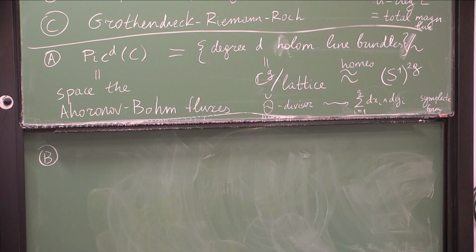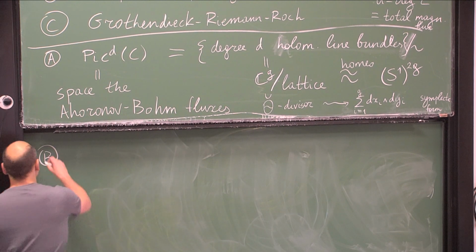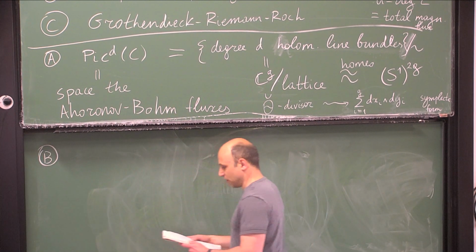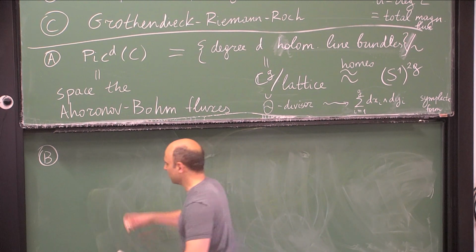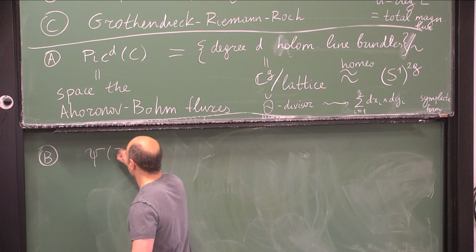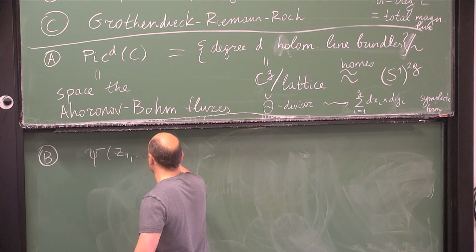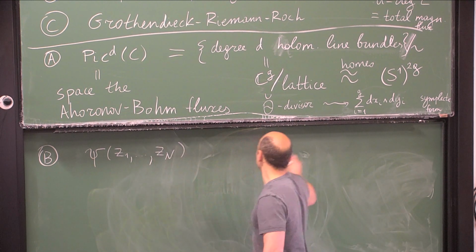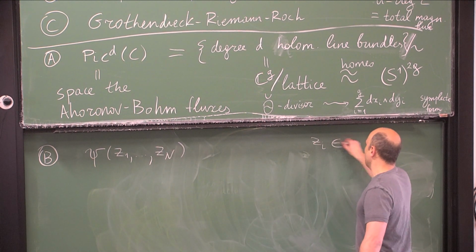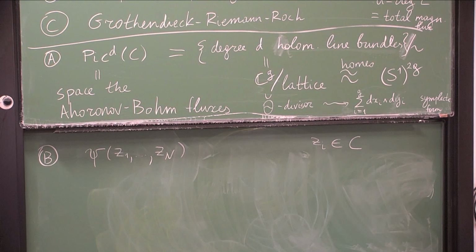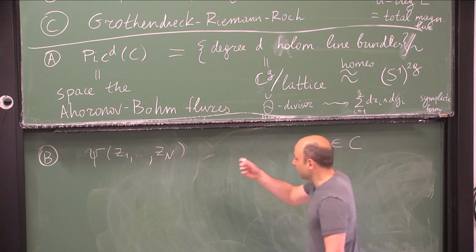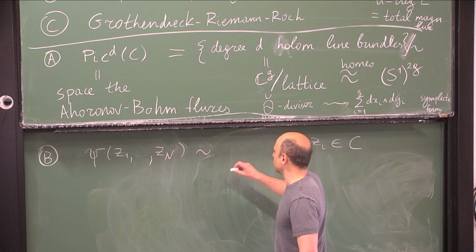So what do we do with n particles? You all know about Laughlin states. A Laughlin state depends on n points on the surface, and here is where the fractional part appears.